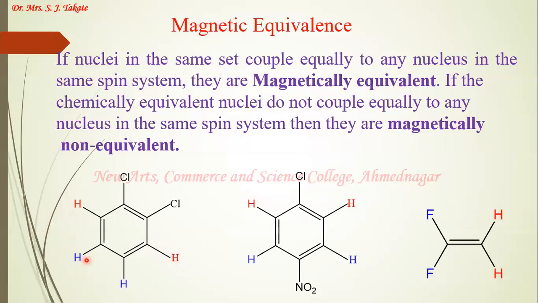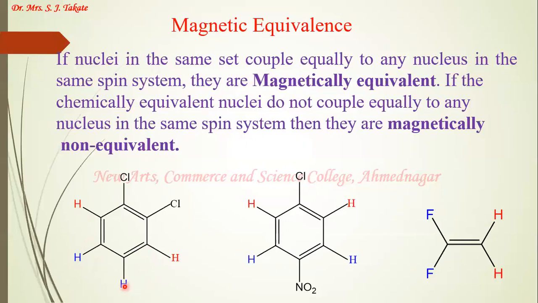This and this proton are meta to each other. This means that the two chemically equivalent protons do not have the same relationship with a third proton. Therefore, these two protons are chemically equivalent, but magnetically they are non-equivalent.